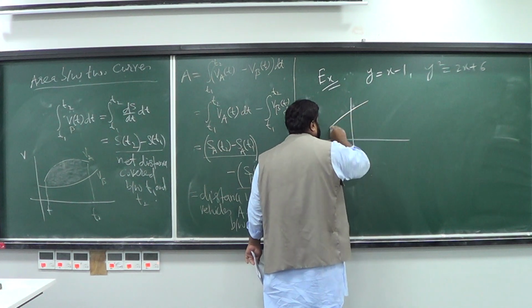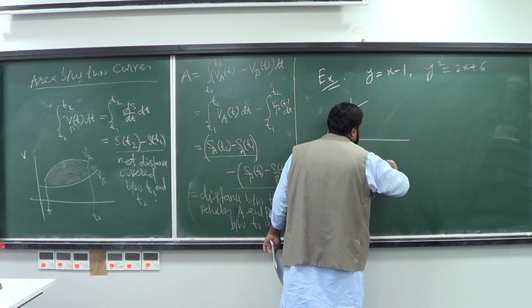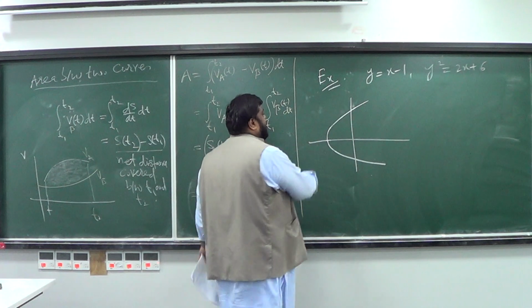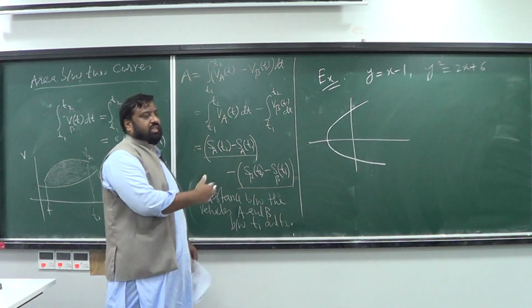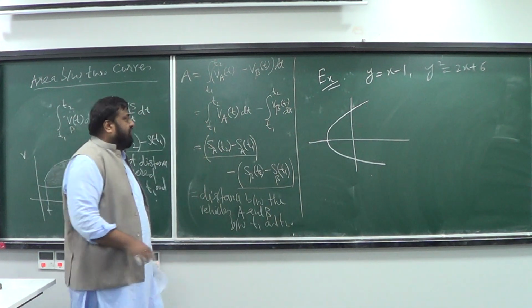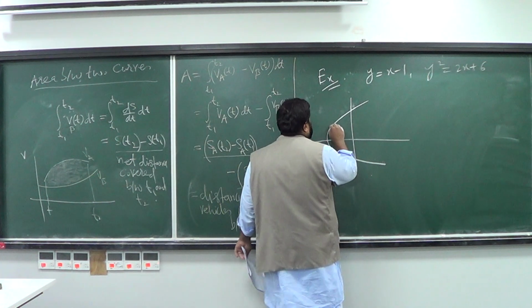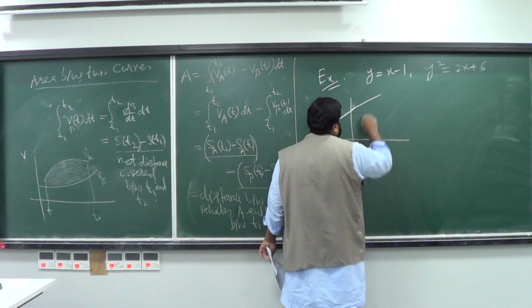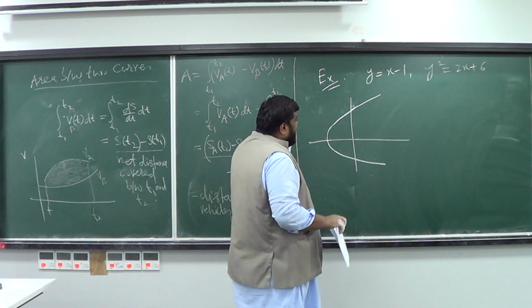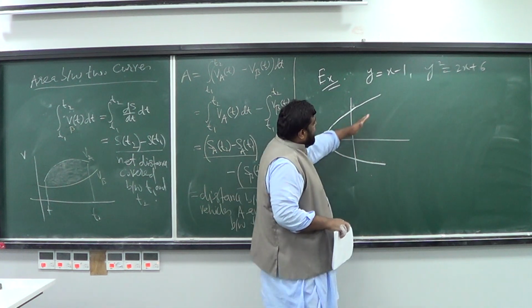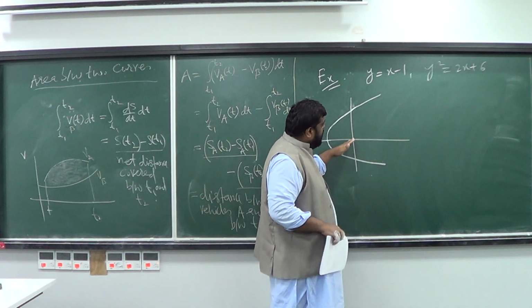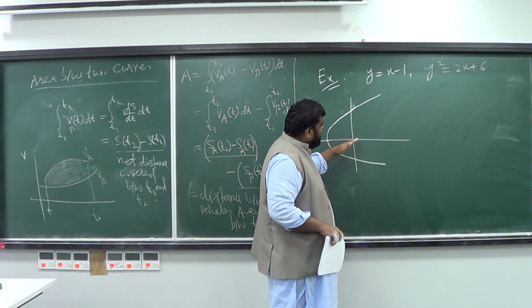So it's going to be a parabola like this, which intersects the line at some points you can compute easily. And what would y equals x minus 1 look like? The line y equals x goes through the middle, so x minus 1 is going to be one unit below.